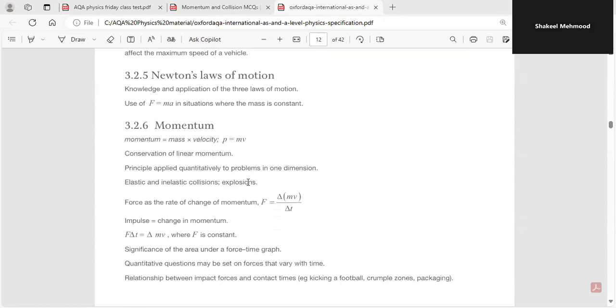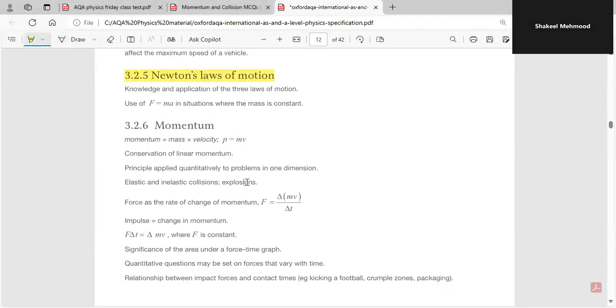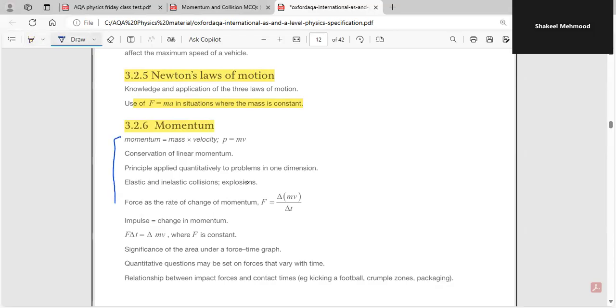So here are the specifications which we have to do today. It's Newton's laws of motion, mainly applying F equals ma, and then momentum and solving its questions. So this is our target area for today.